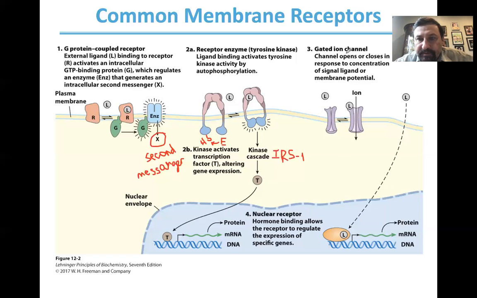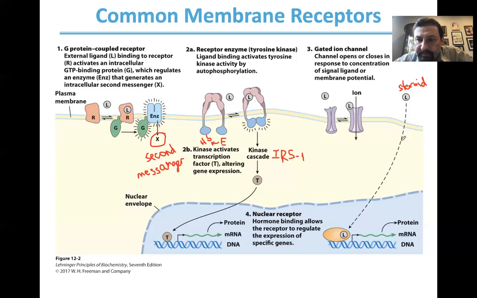These are gated ion channels. So the ligand will come in, open the channel, and will allow for the ions to come in or go out. Or the ligand by itself, if this is a steroid. You know that steroids don't need really any kind of facilitated transport or active transport. They are lipophilic, right?